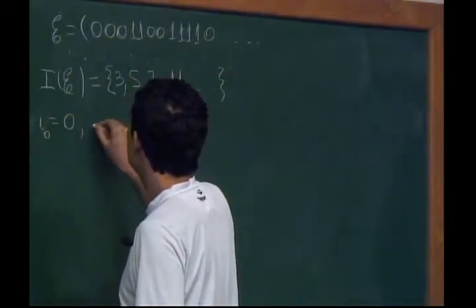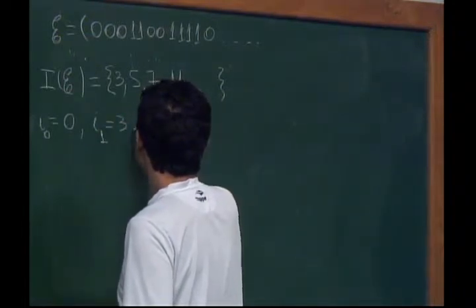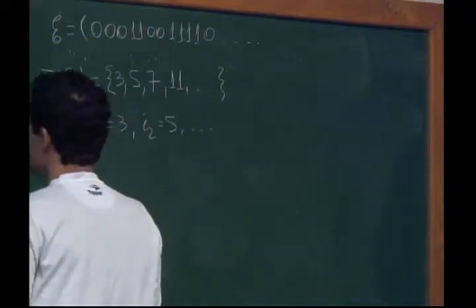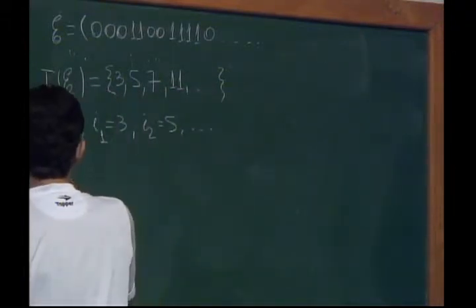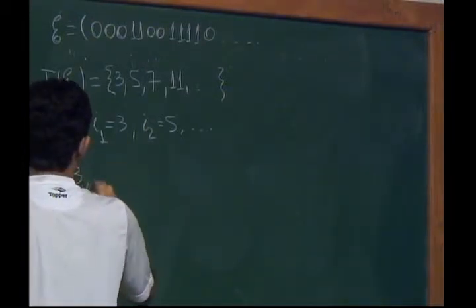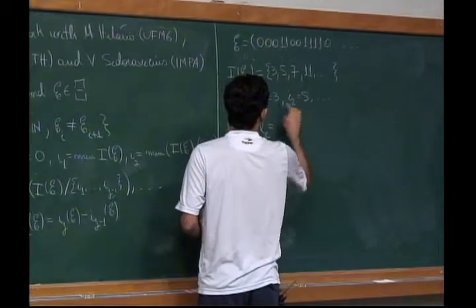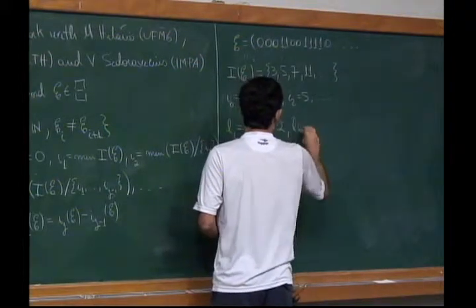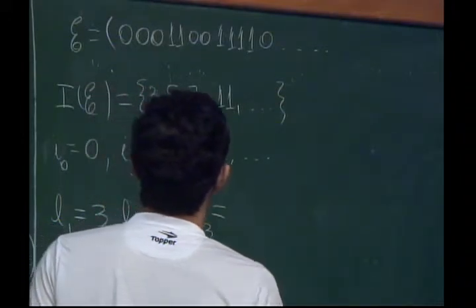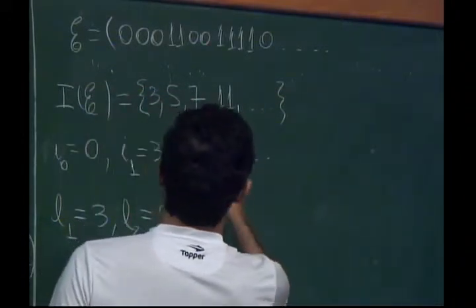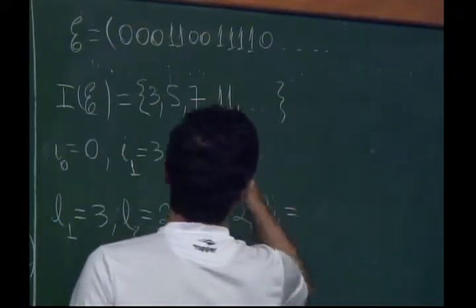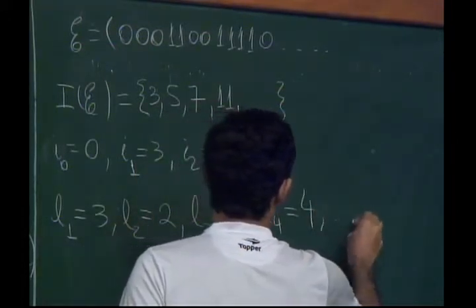I_0 is 0, I_1 is 3, I_2 is 5, and so on. And for the sequence L_j, L_1 is 3, L_2 is 2, L_3 is 2 again, L_4 is 4.